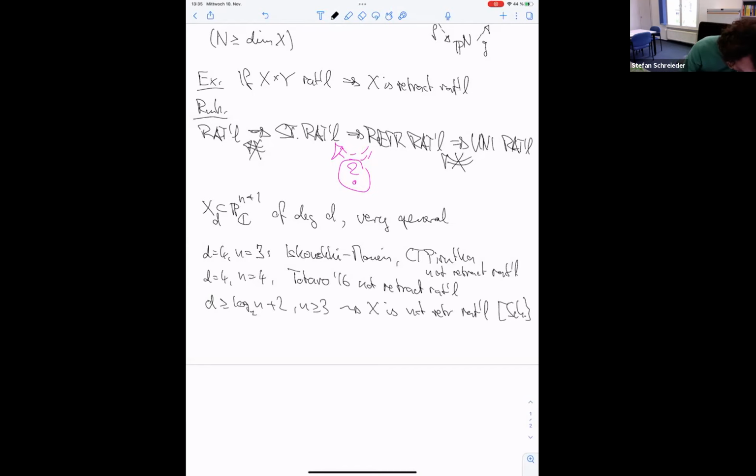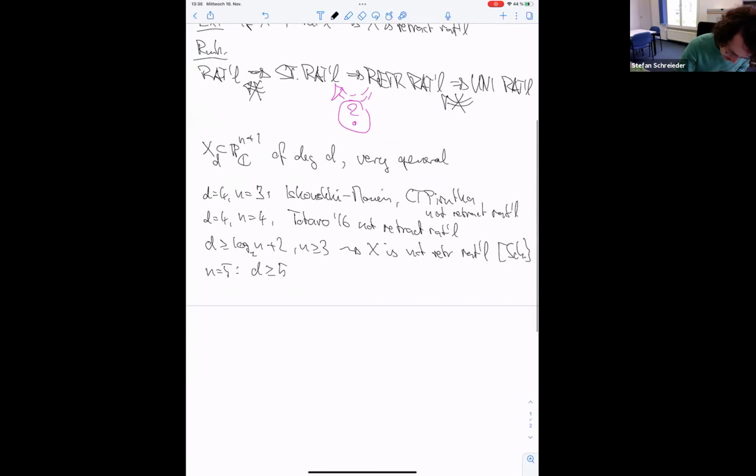All right, so what happens if one puts n equals 5 in this formula, then one gets D bigger or equal 5. And the motivation for the talk that I give today is a theorem of Nicaise and Ottem, who can improve this bound here.